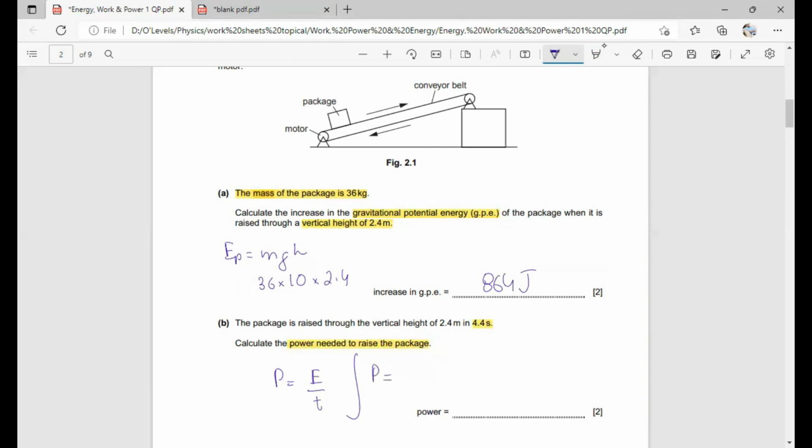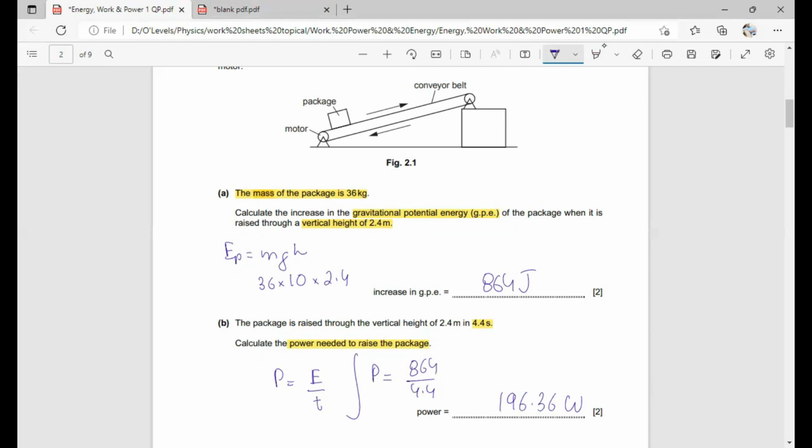So power is equal to 864 over 4.4. This is about 196.36, so 196 watts.